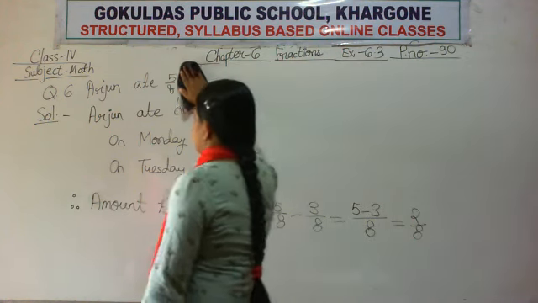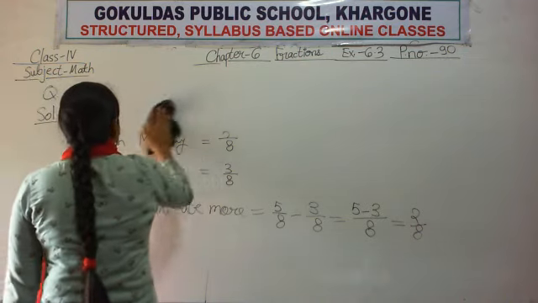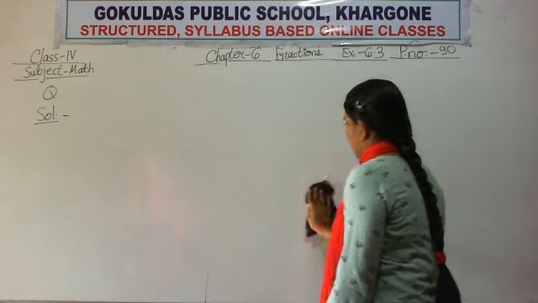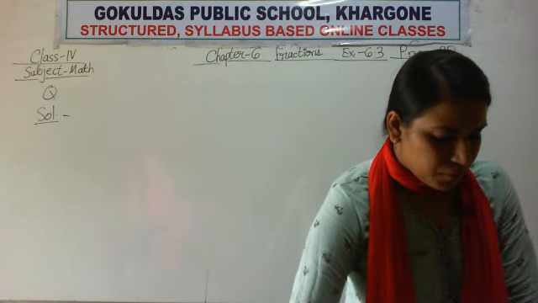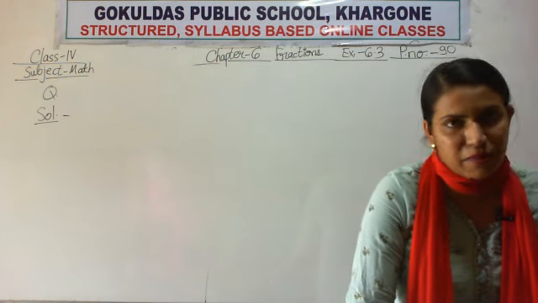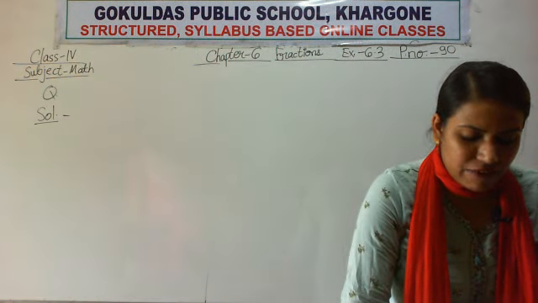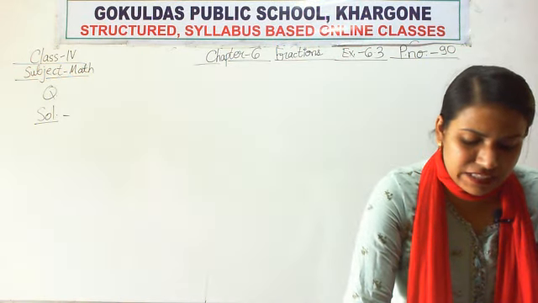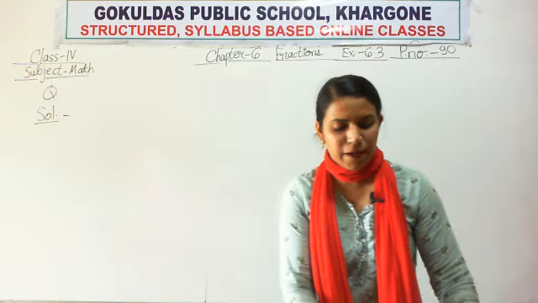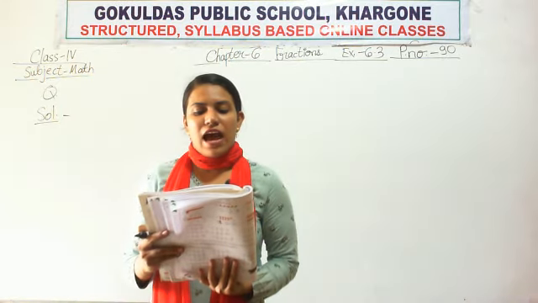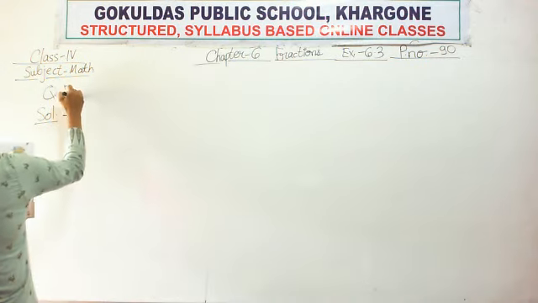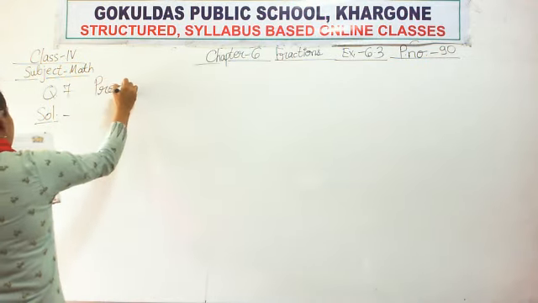Now question number 7. Question number 7 is Promita travels 3 upon 11 of a distance to her office by bus and 5 upon 11 of distance by train. How much distance does she cover by these two modes of transportation? Okay, both bus and train are the means of transportation, right?